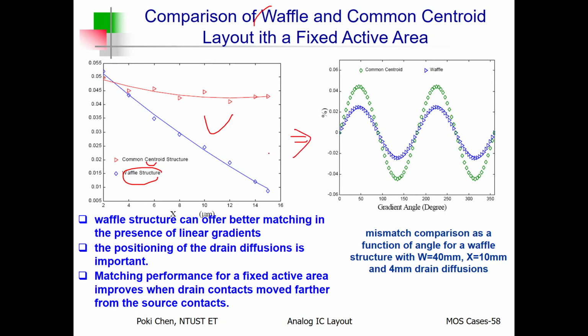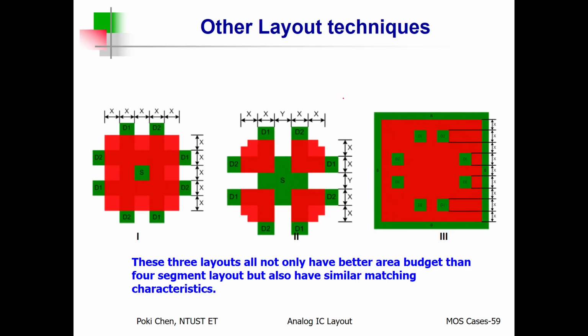After simulation for the mismatch, you will see the waffle one gets less impact from such systematic mismatch. To make it even better, I mean to make this layout size even smaller than the waffle one, Professor Geiger and his students also created even more weird structures for layout.